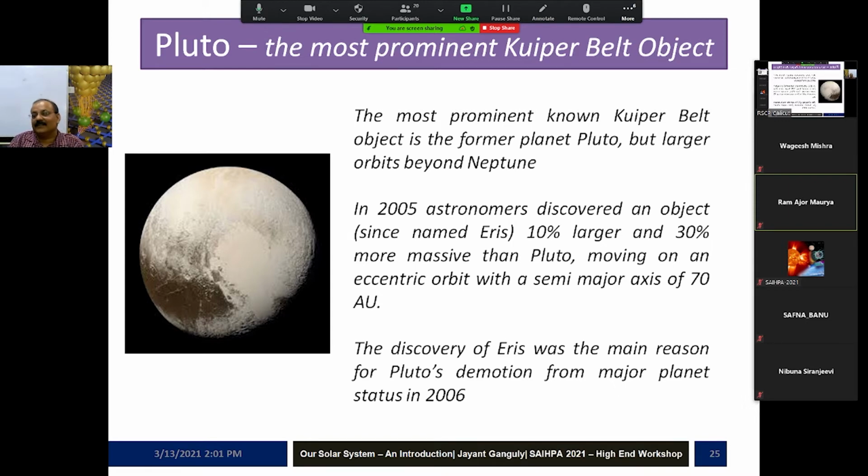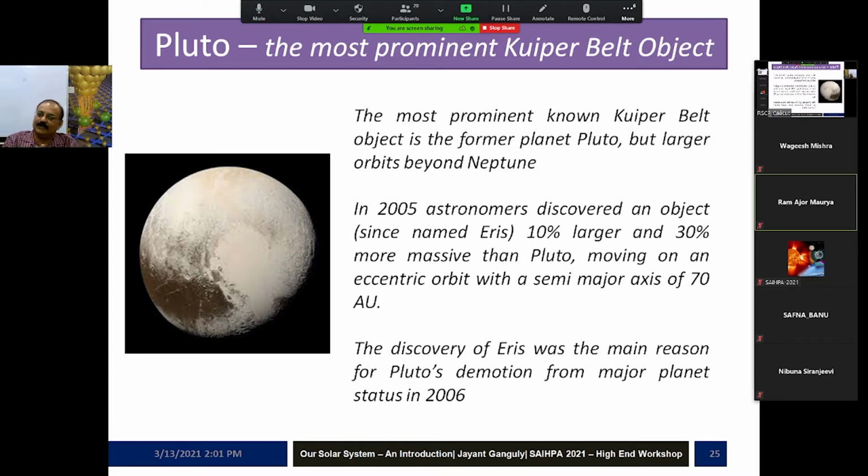But one thing is that in 2005, astronomers discovered a new object called Eris, whose size was 10% more than Pluto. A lot of other objects were getting discovered which were nearly the size of Pluto or less, but then people started discovering objects bigger than Pluto, so it became a common thing.